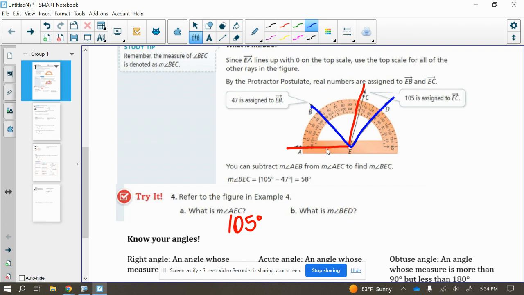We know that AED, this biggest angle, is out here at 130. We also know that we're taking away this piece that was 47. So 130 minus the 47 degree angle over here is going to give us the angle we want, so 83 degrees.